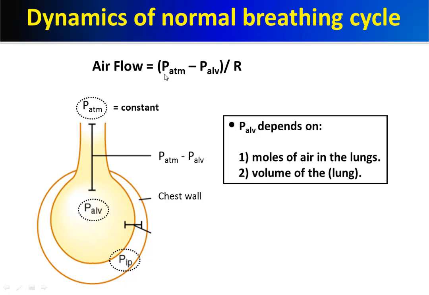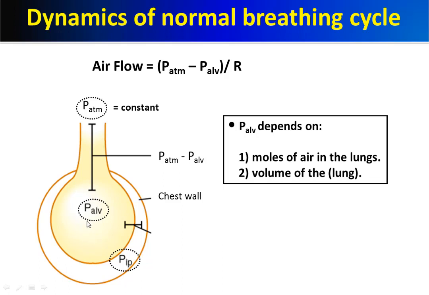So what determines this pressure gradient? Since the atmospheric pressure is constant, changes in the alveolar pressure are important for the generation of this pressure gradient. So what then determines the alveolar pressure? What determines how much pressure we have inside the lungs, inside the alveoli?